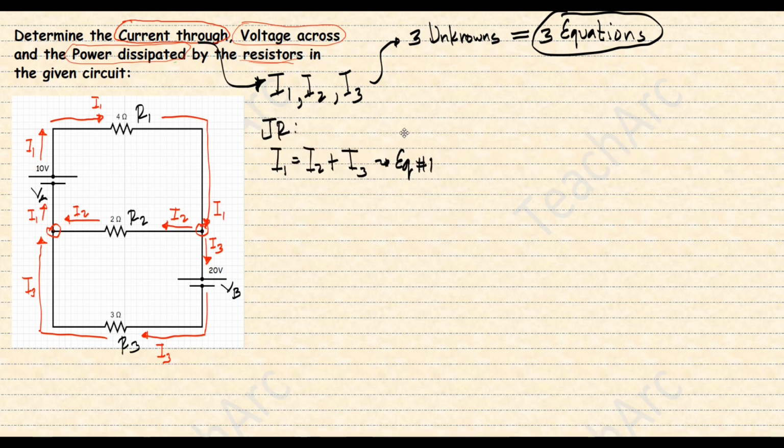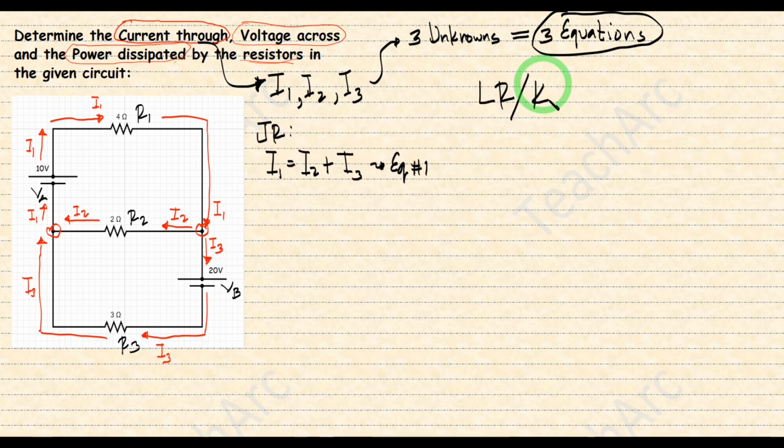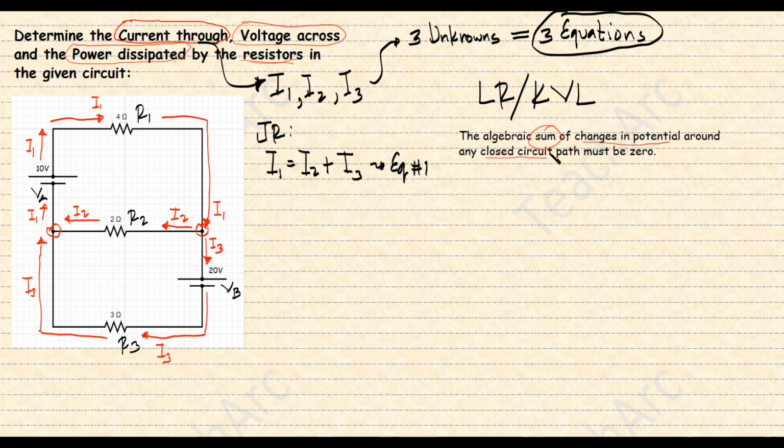Now, the other 2 equations will come from the loop rule, or Kirchhoff's voltage law, or KVL. The law states that the algebraic sum of changes in potential around any closed circuit path must be 0. This is the equivalent of the law of conservation of energy. The changes in potential here are actually the voltage, otherwise termed as electric potential difference.